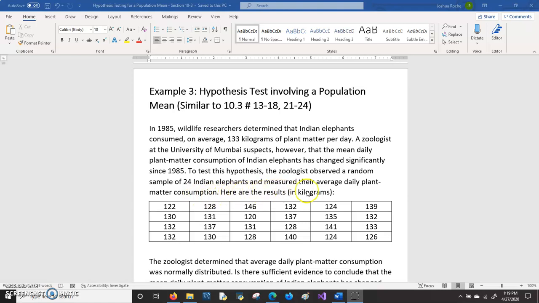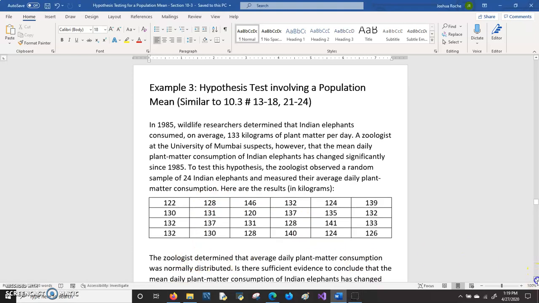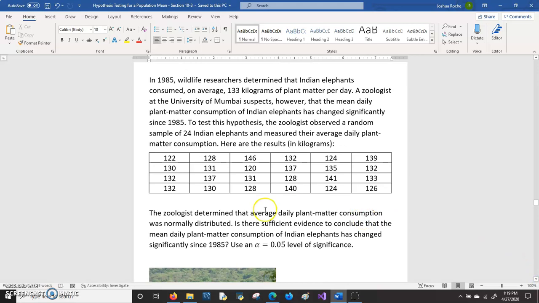Here are the results in kilograms. The zoologist determined that the average daily plant matter consumption was normally distributed. Is there sufficient evidence to conclude that the mean daily plant matter consumption of Indian elephants has changed significantly since 1985? Use an alpha of 0.05 level of significance.